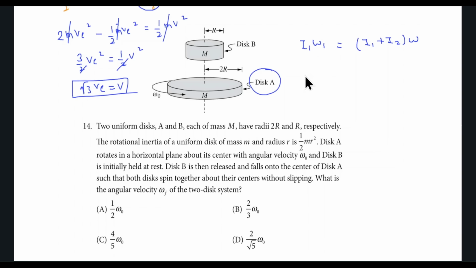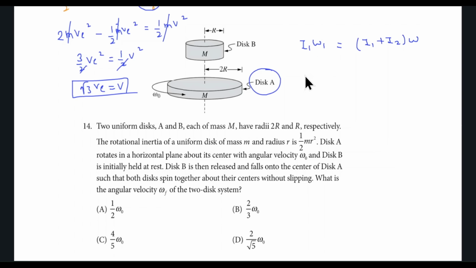Okay, so already given that the general formula for the moment of inertia is half mr square. So for disk A it will be half m (2r) square because its radius is 2r, and omega 1 is just omega naught. When they merge or rotate together, their moment of inertia will be added. So half m (2r) square should be added with half mr square, and this omega is as it is.